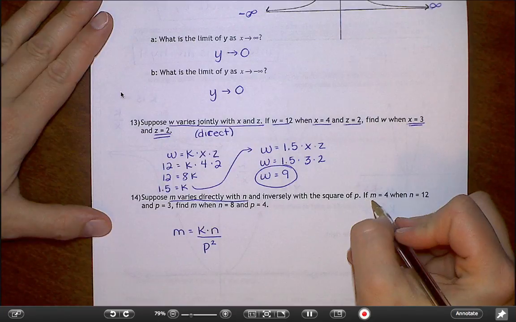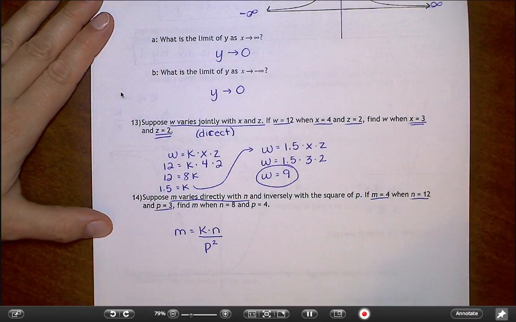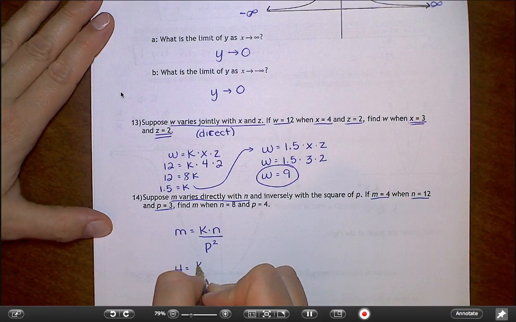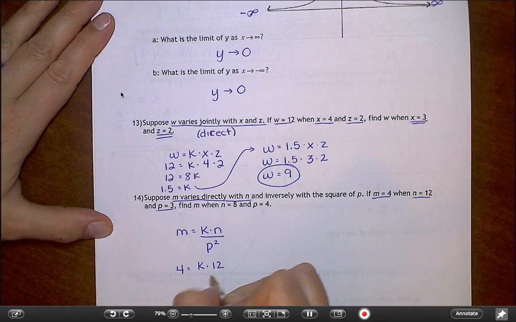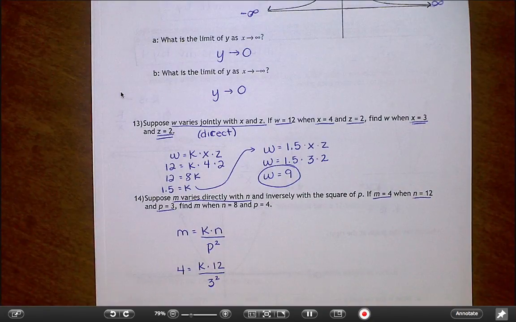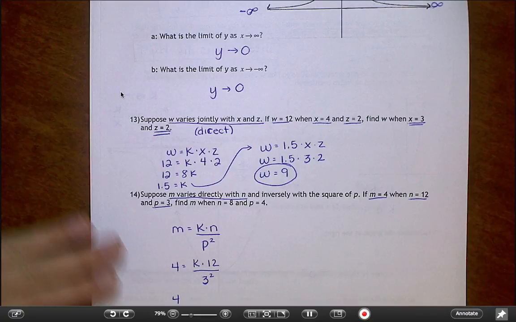Again, I am going to plug the m, the n, and the p in. So let's see, m is 4, n is 12, and p is 3, so that's 3 squared. If I simplify this a little bit, I'm going to be off the screen here in a second.